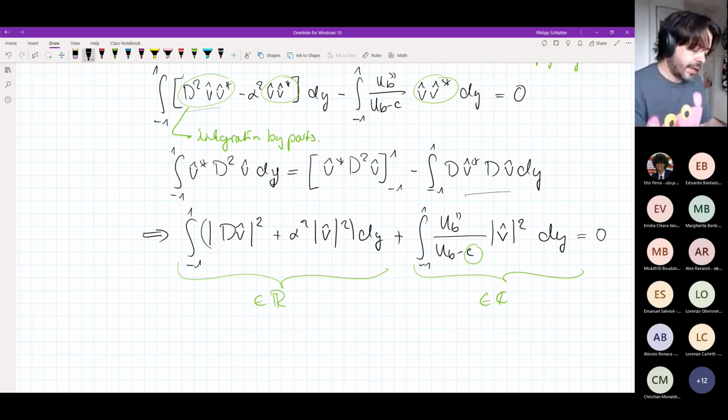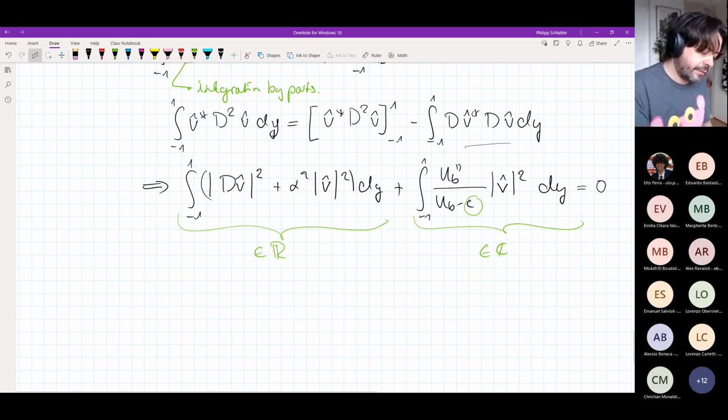So if we now want to simplify everything, realizing that everything needs to be zero, we know that the imaginary part of the second term needs to be zero.